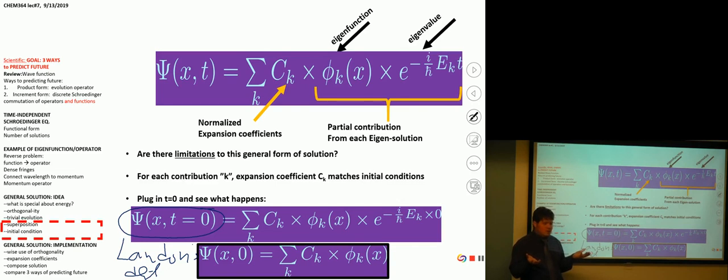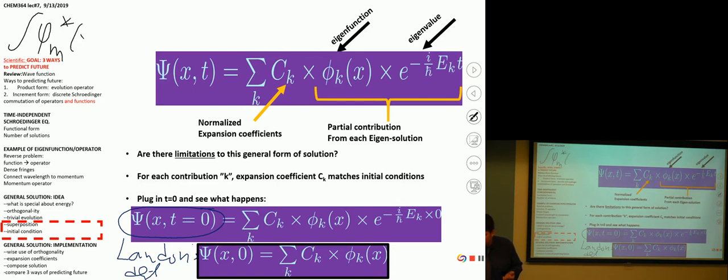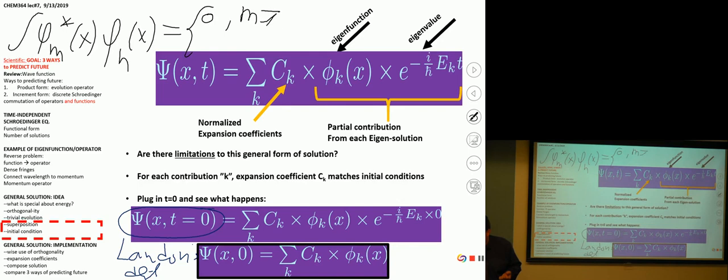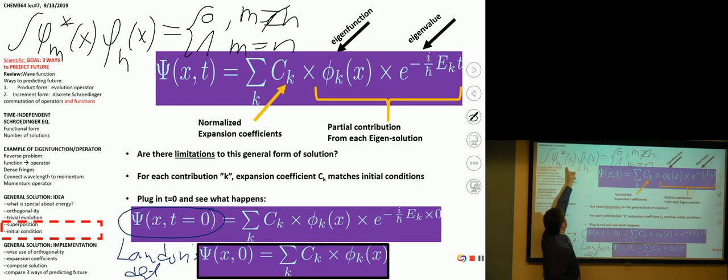I can write it here once again: the integral of phi sub m star x phi sub n x dx equals either 0 if m is not equal to n, and 1 if m equals n.